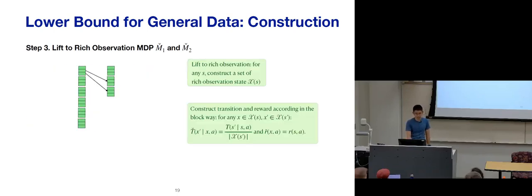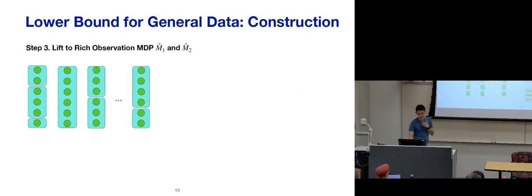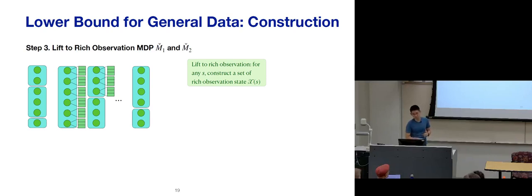Actually, this is 3 replicates. This is for each layer, and this U, V, W will also be lifted to the rich observations. So this lift to rich observations step is what we did for every state in the layers, and this also includes the U, V, W. We don't change the dynamics, so that means the value functions are the same.